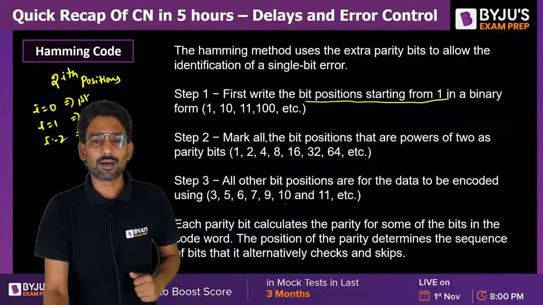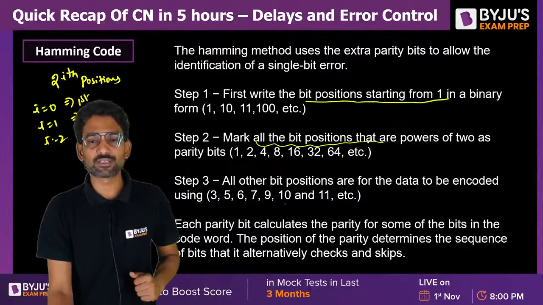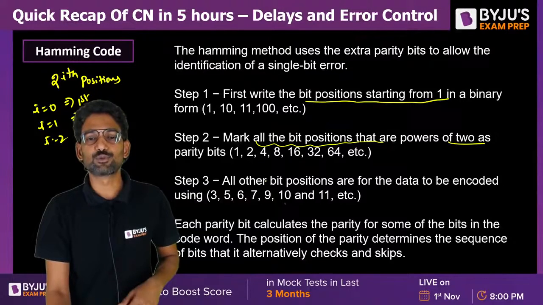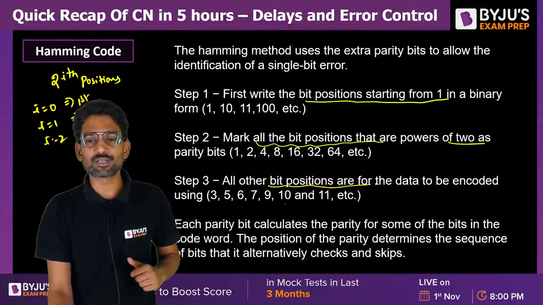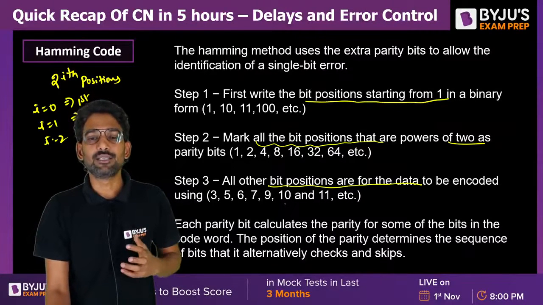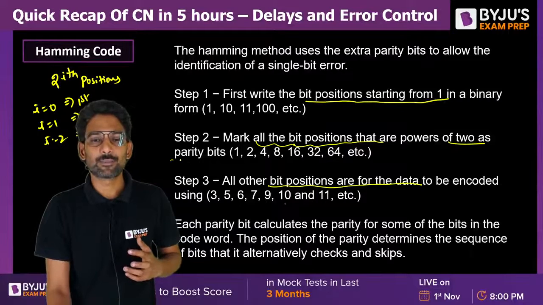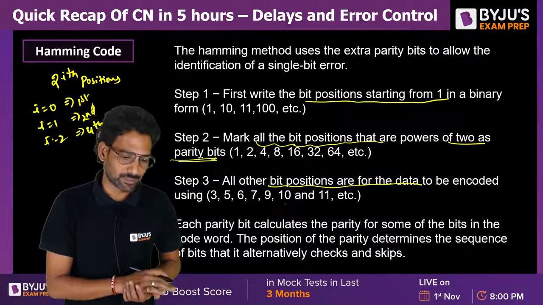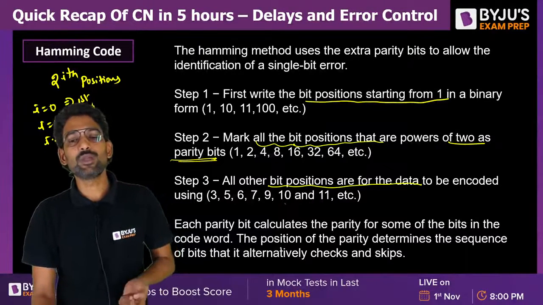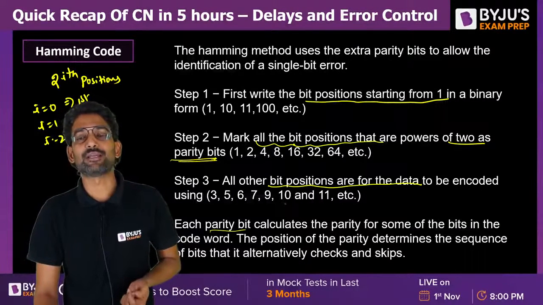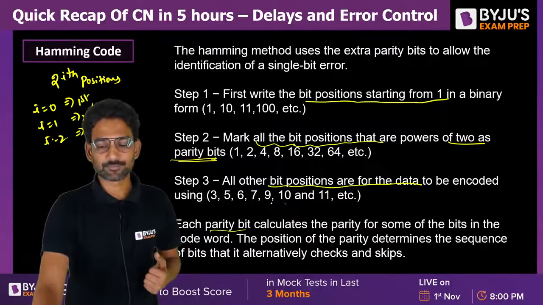Now mark all the bit positions that are powers of 2. Then all the other positions are for data. These positions are for the parity bits or these redundant bits. Now how do we calculate each parity? Let us see.